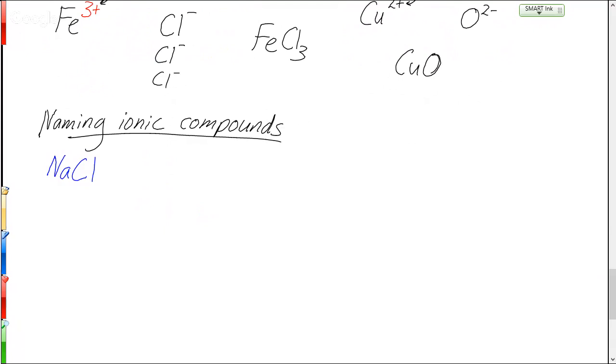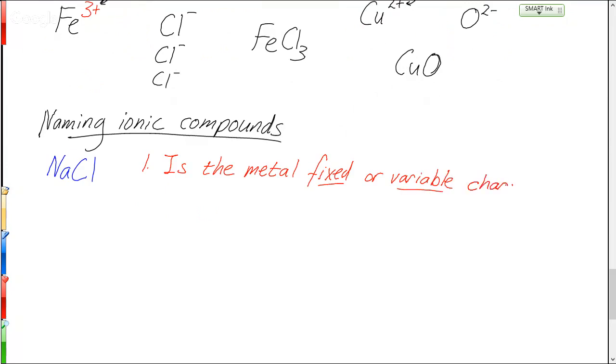So the first question we ask ourselves is the metal fixed or variable charge?